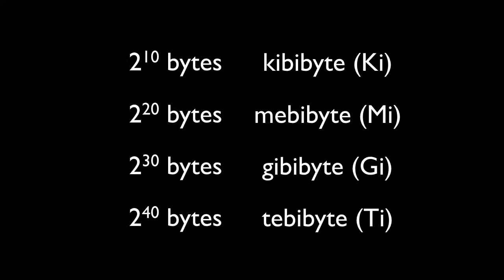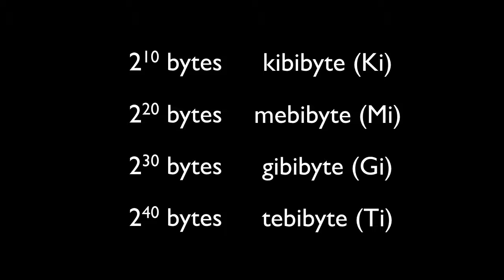But we have similar things. 2 to the 10th bytes, which is 2 to the power of 10, is 1,024. It's slightly bigger than a kilobyte. It's called a kibibyte. Notice that the second sound here is B for binary, kibibyte, 1,024 bytes.